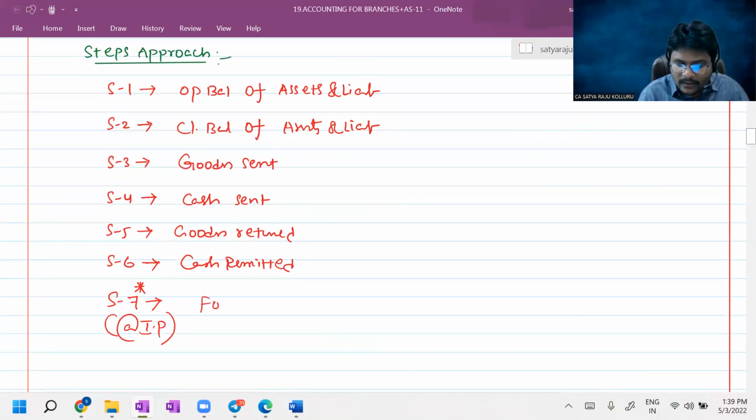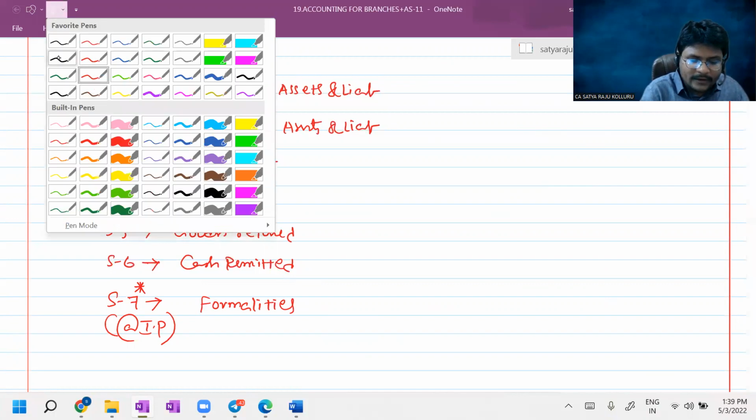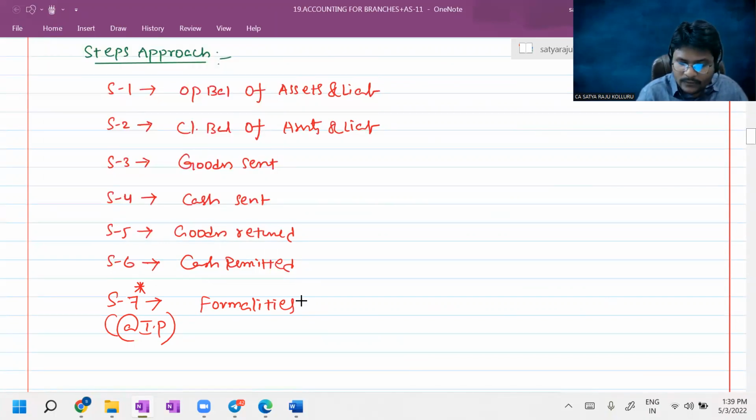What is that? That is known as formalities. There are a total of 2 formalities. One is stock reserve, which you need to work out on both opening and closing stocks.